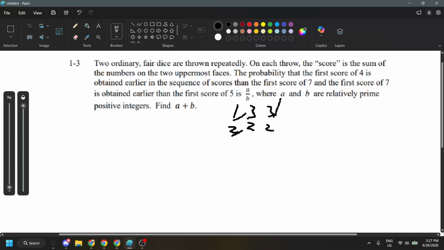Right, because there's 6 and 6. So 4 out of 36, or 1 of 9. No, I'll leave it as 4 out of 36. 1 of 9.